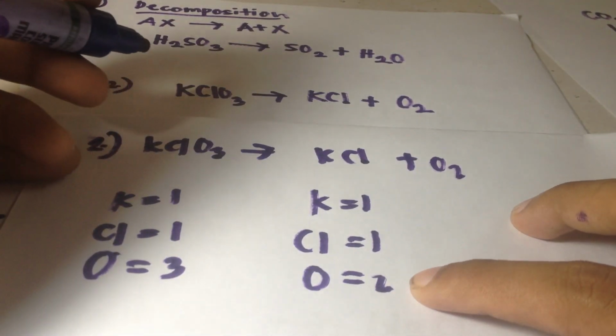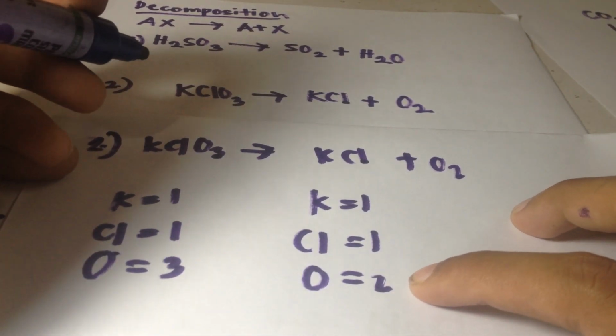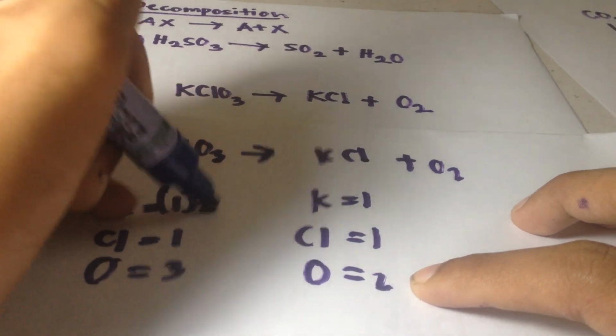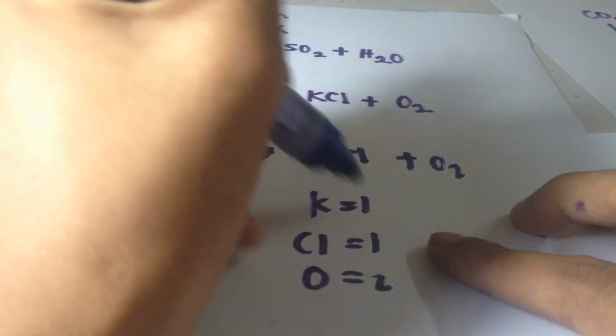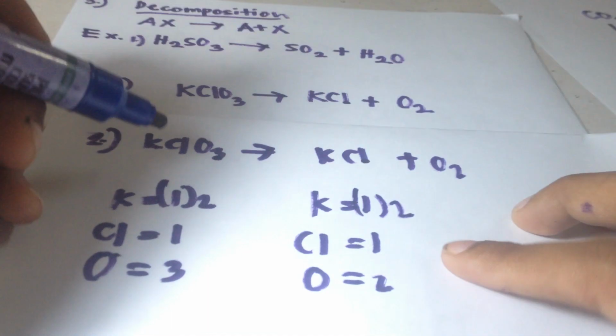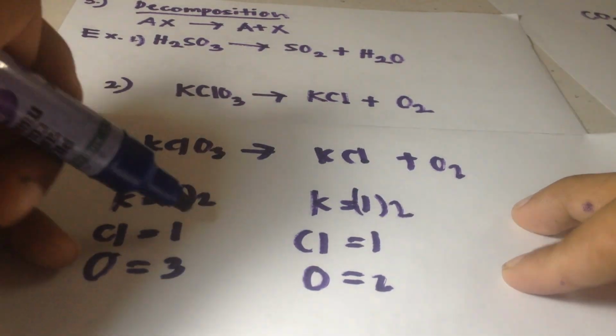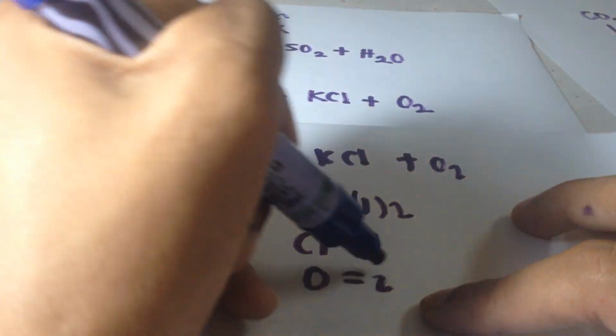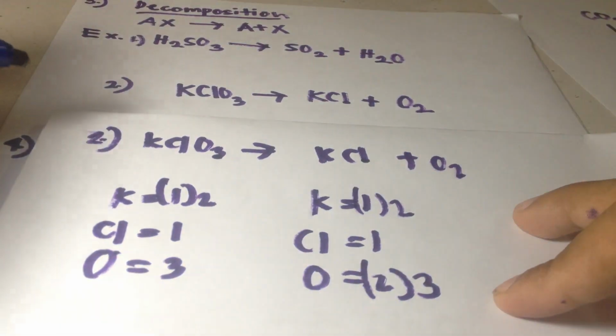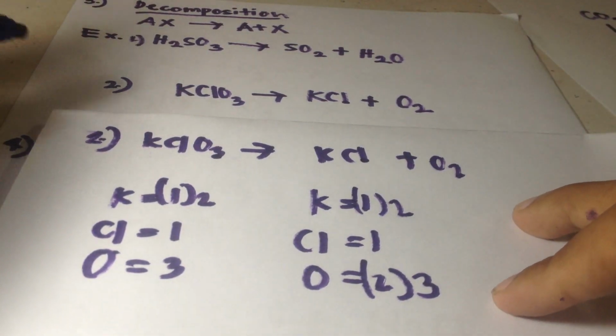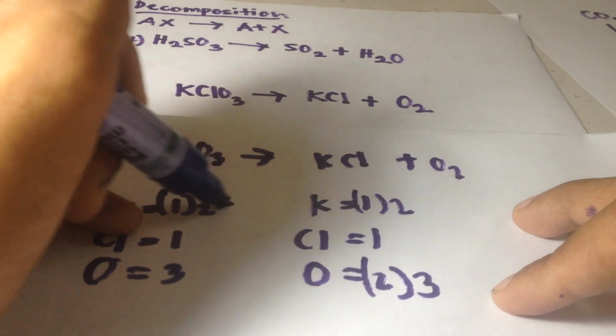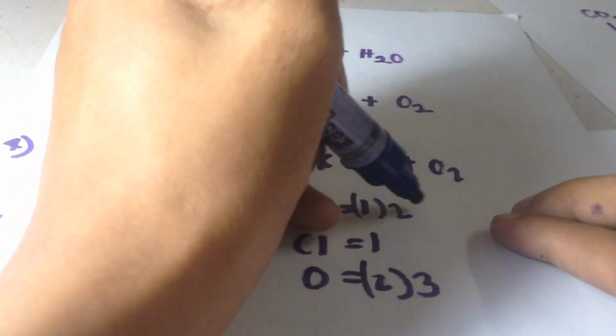Oxygen is the problem. So you need to multiply by 2 in potassium chlorate, and here 2. And how about in oxygen? You need to multiply oxygen here by 3. Okay? So 1 times 2 equals 2, and 1 times 2 here equals 2.